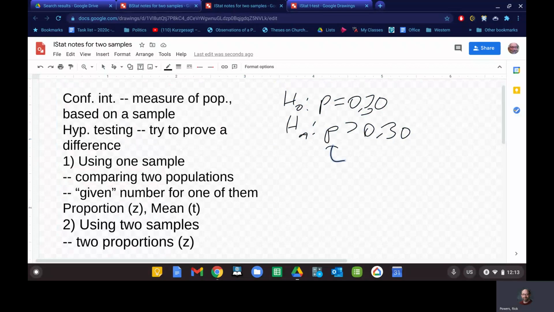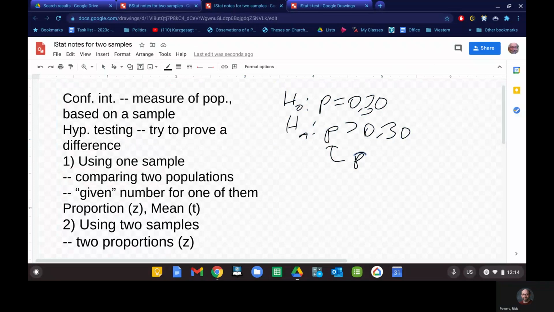What we're interested in then is if our group, the Western students, actually have a proportion greater than 30%. But we can't know that because we can't measure all Western students. So then we have to use a p hat. The p hat comes from that same group that we're interested in, but it's only a sample number.